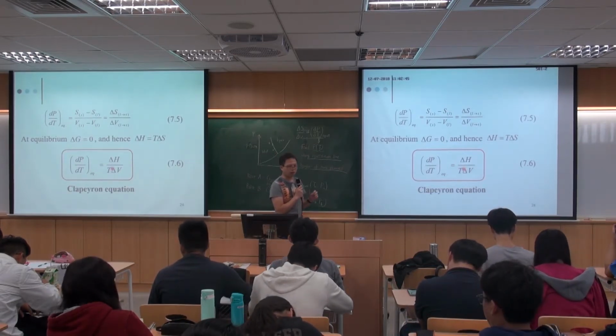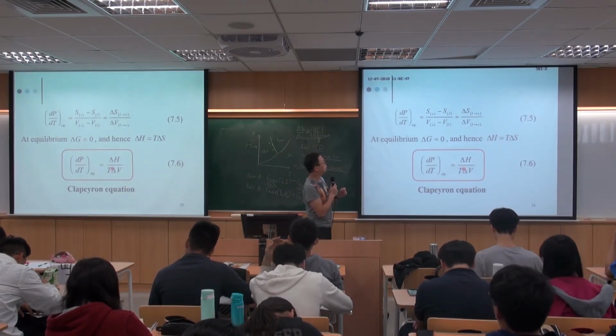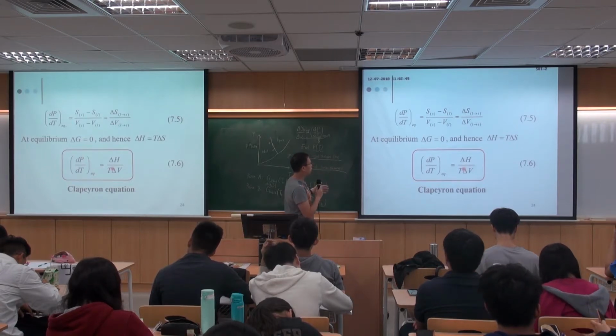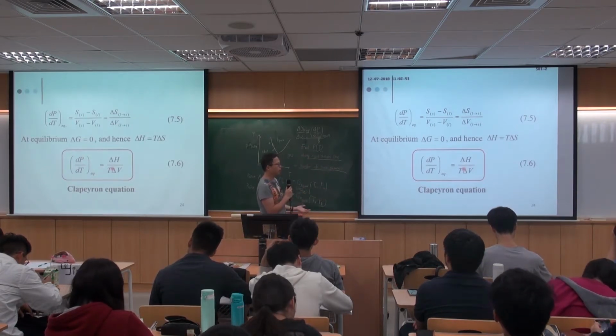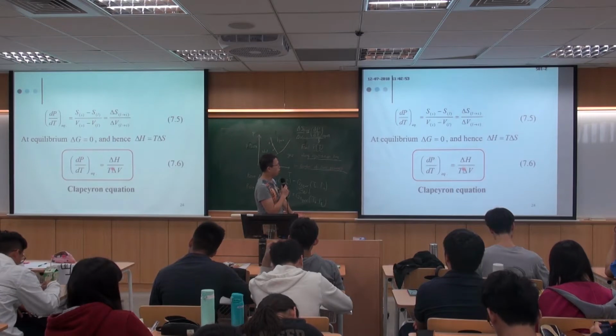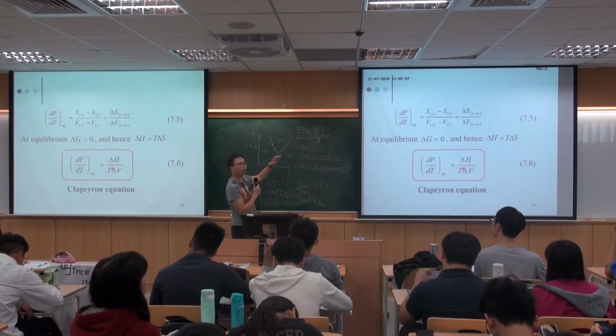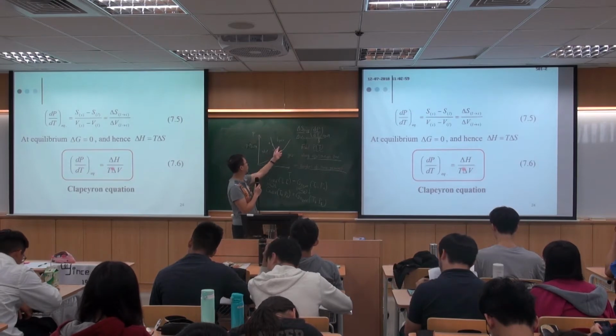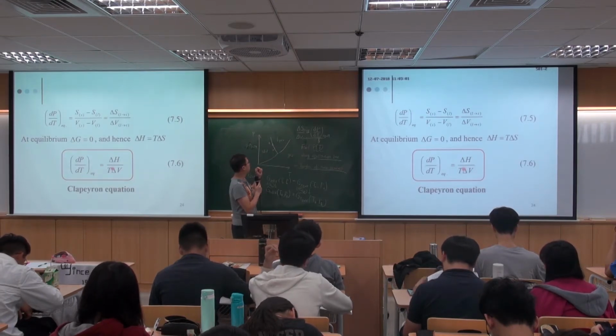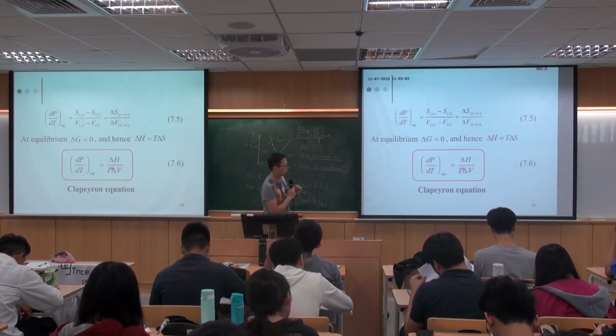This is called the Clapeyron equation. And later we'll see the other types of Clapeyron equations, for instance, this line and this line. But right now we're just dealing with solid to liquid phase transformation. And this is what we call the Clapeyron equation.